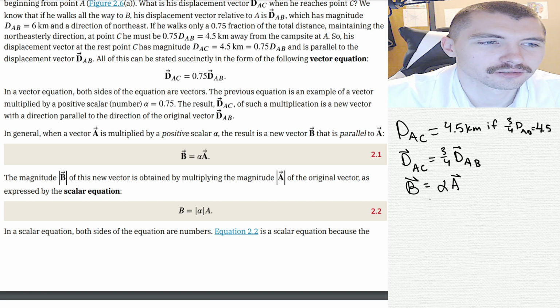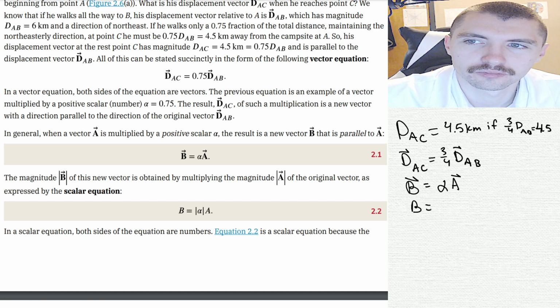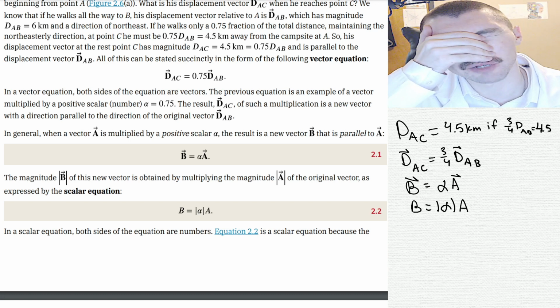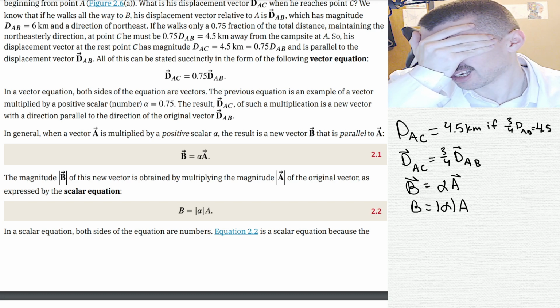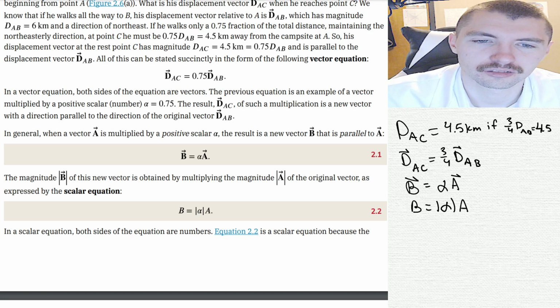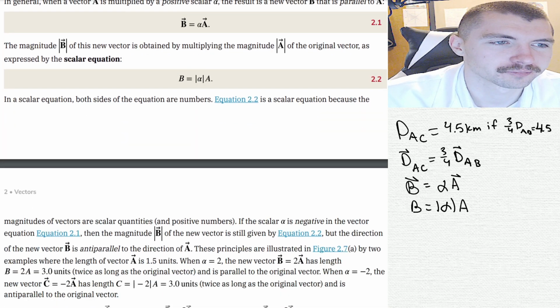Magnitude B. So if you want the magnitude, take the absolute value of alpha times the magnitude of A. So magnitude is how many units or how long the vector is.